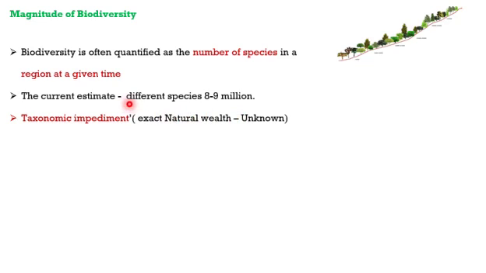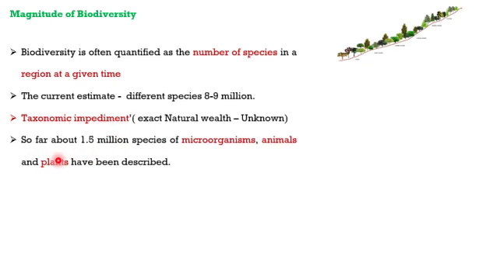That process is known as taxonomic impediment. It means you don't know the exact natural wealth, but it has been estimated that we might have around 8 to 9 million species on our planet at present. But still it is not clearly known. So this process is known as taxonomic impediment.